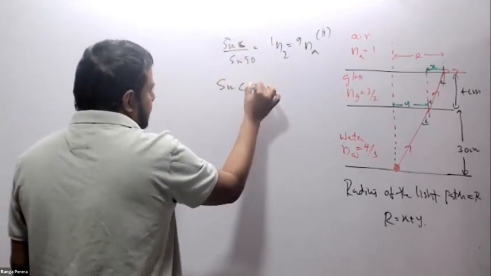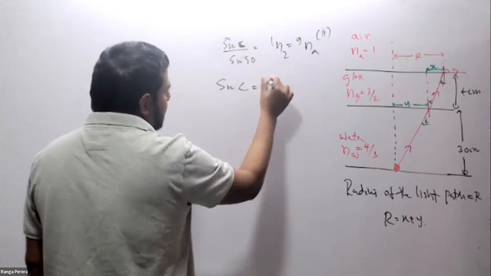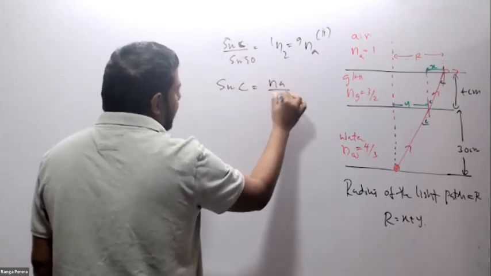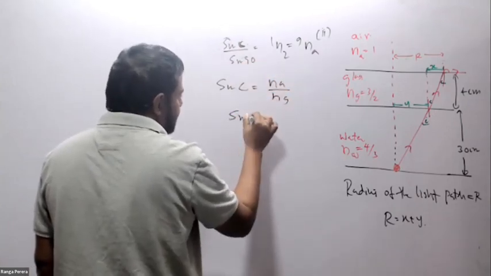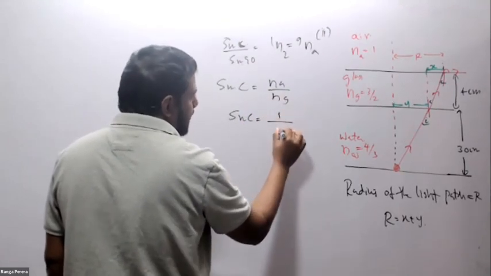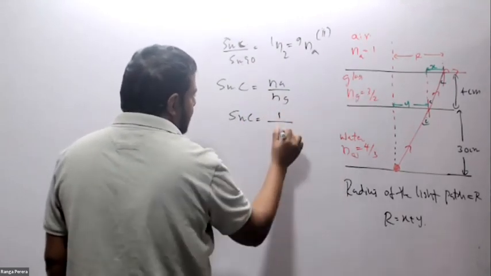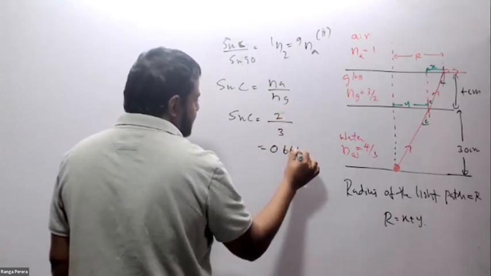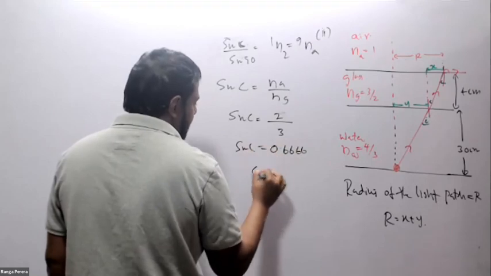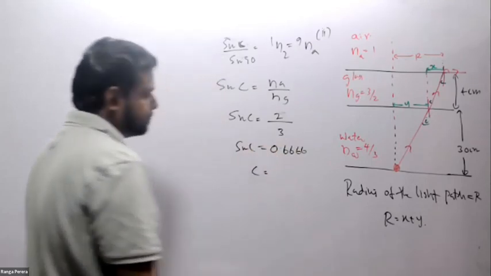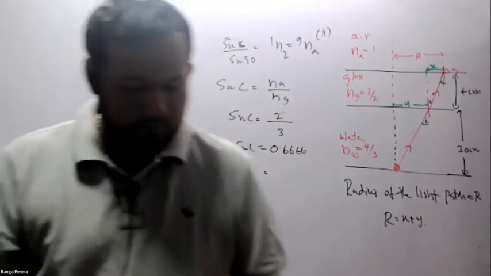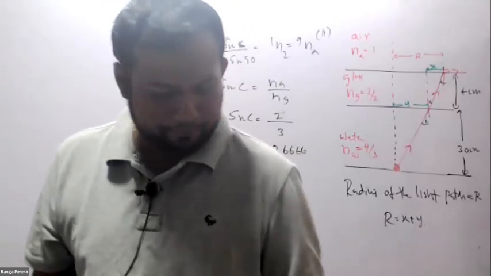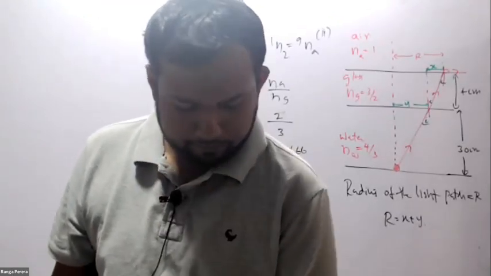So always remember the way that I did the question. Sin C equals sin 90, which is 1, NA over NG. Sin C equals 1 divided by NG, which is 3 by 2, so 2 by 3, 0.666 something. So can one of you tell me the value of C? Any one of you?